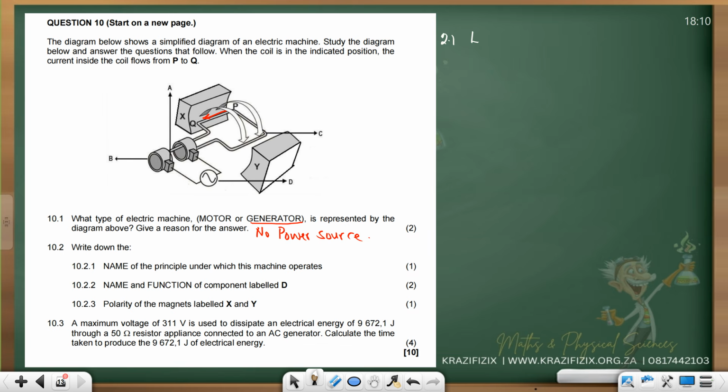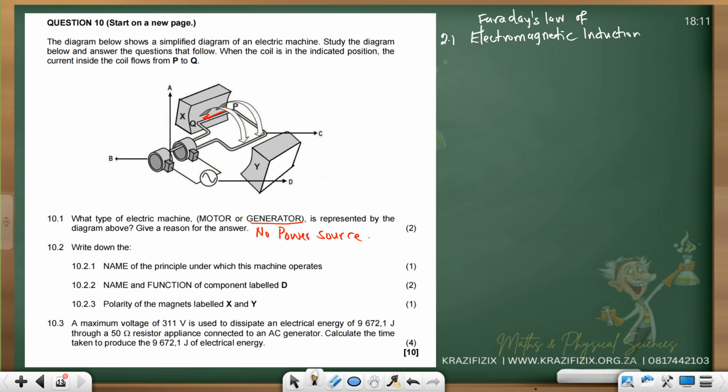Electromagnetic induction. In fact, we should say Faraday's law of electromagnetic induction. And the motor would work on the principle called the motor effect.